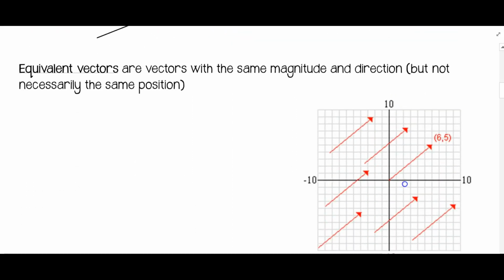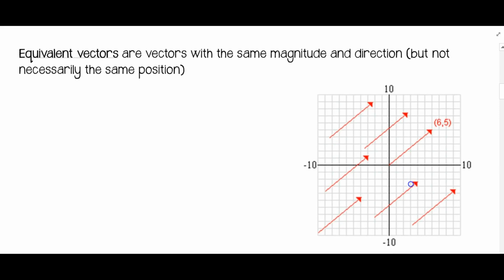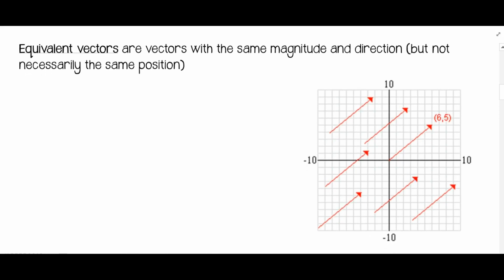So equivalent vectors are vectors with the same magnitude and direction, but not necessarily the same position. So all of these vectors here, they have the same length. Okay, and we can calculate the length of this just using the Pythagorean theorem. If we set up a right triangle here, this would be 6 and this would be 5.